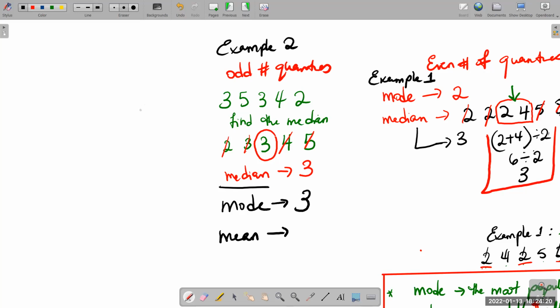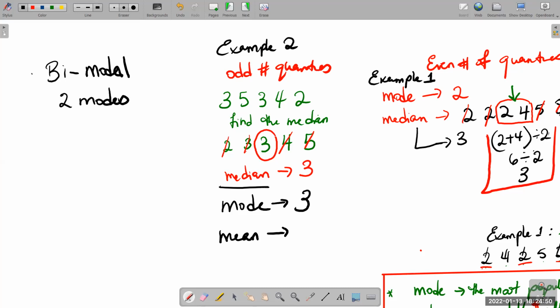Now, I want y'all to know this. It is possible to have more than one mode. Sometimes you can get 2 modes, because let's say I had an extra 2 here. That means I have 3 twice and I have 2 twice. This can happen. Whenever this happens, we call this bimodal. And you know, bi means twice, right? So there's a chance of having a bimodal entity, which means 2 modes.